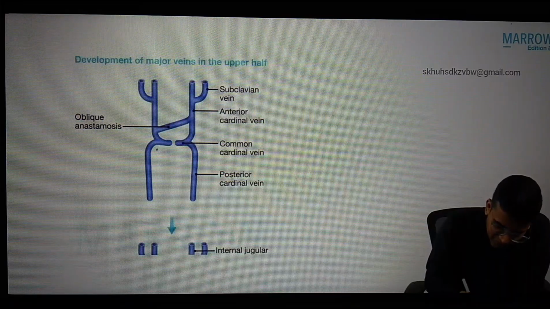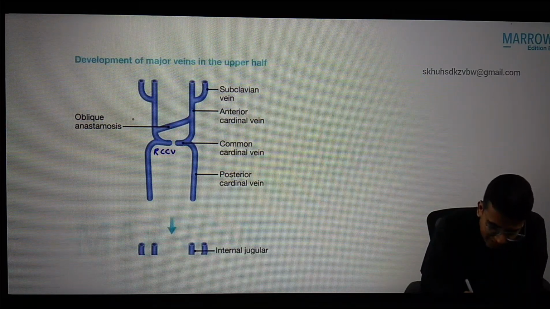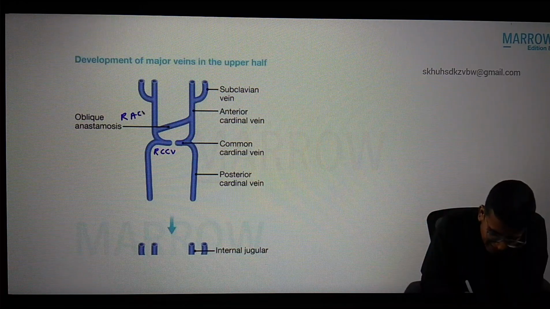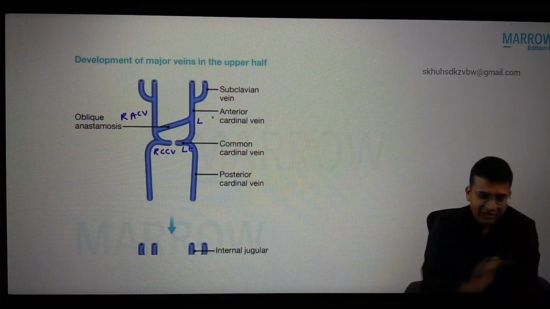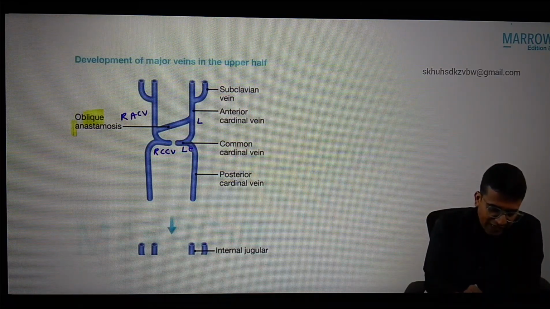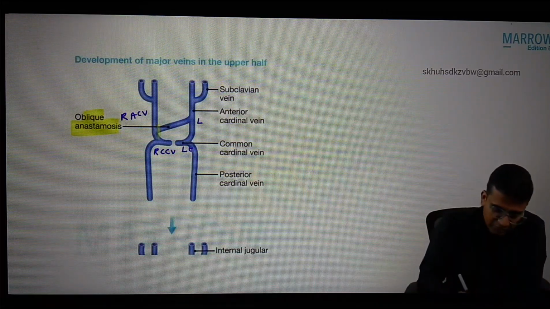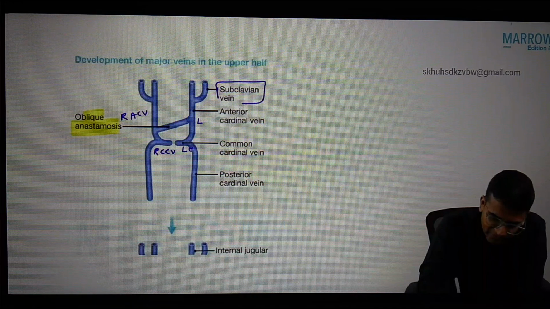This is our right side common cardinal vein, and this is the right anterior cardinal vein. This is the left side common cardinal vein, and this is the left side anterior cardinal vein. And we have the oblique anastomosis between the two anterior cardinal veins. This is the subclavian vein.